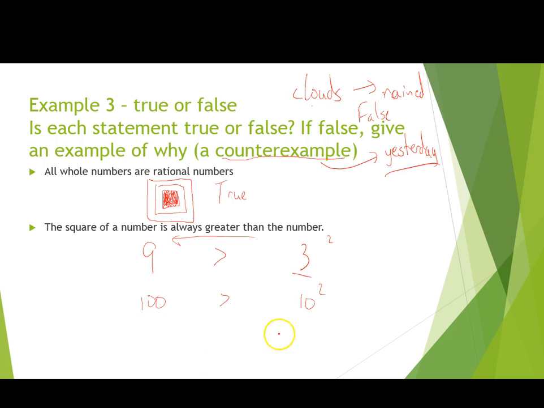But there is a counterexample that proves this is false. The number 1, if it's squared, is not greater than its number. 1 is not greater than 1. And when we square 1, we get 1. So this is a counterexample. We would say false because of this example right here.